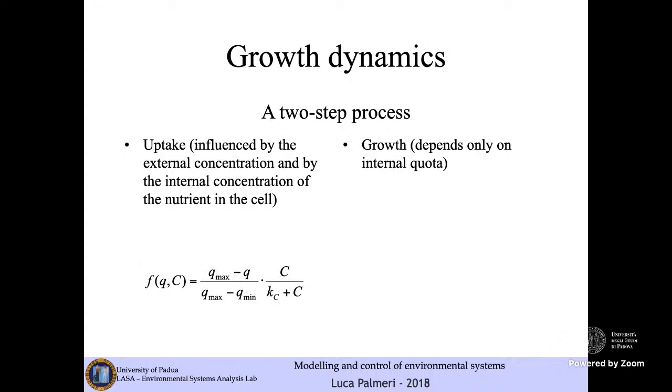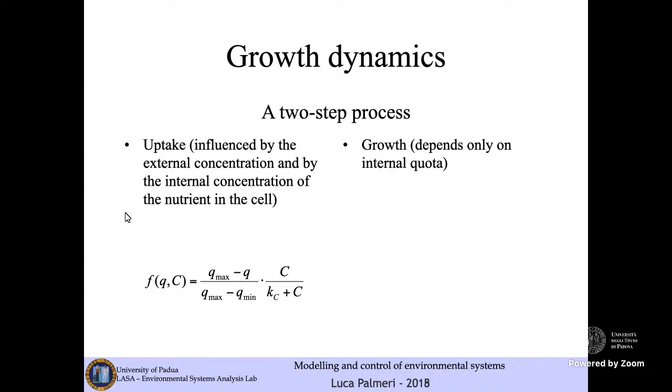And during the uptake process, due to the differences in concentration between the cytoplasm, the internal part of the cell, and the water column, we may compute a different limiting function.